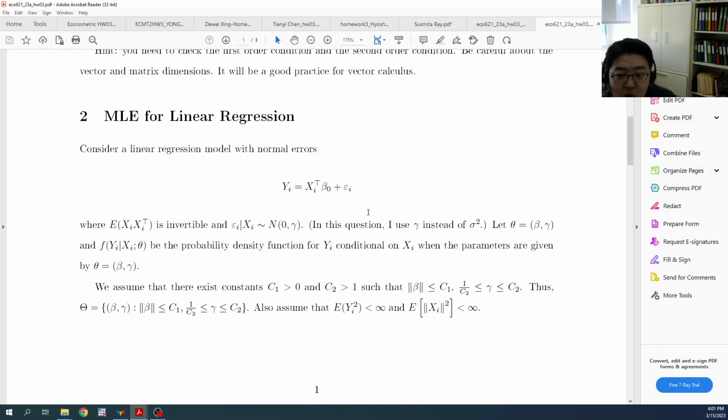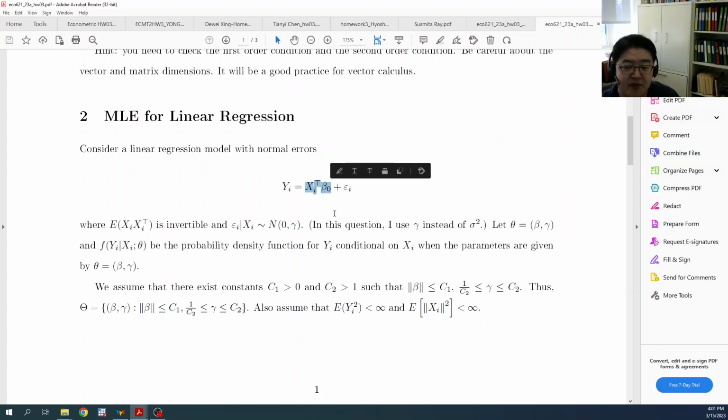When I say conditioning on x, that means x is already fixed. You are conditioning on, for example, x equals 0, or x equals 10, a specific value. That's the idea of conditioning. So when you condition on x, x prime beta is constant.